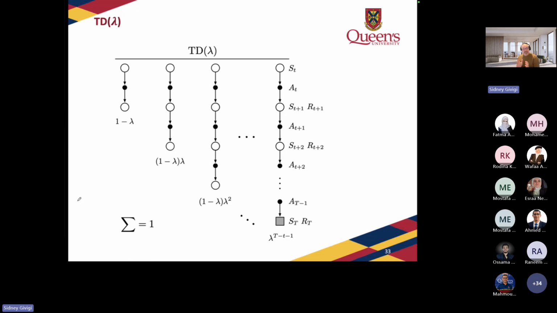So we are creating a way to generalize this return to consider all these intermediate values, all these intermediate rewards or returns. And then lambda is going to be a parameter that you choose for your eligibility trace and for this generalized type of return.